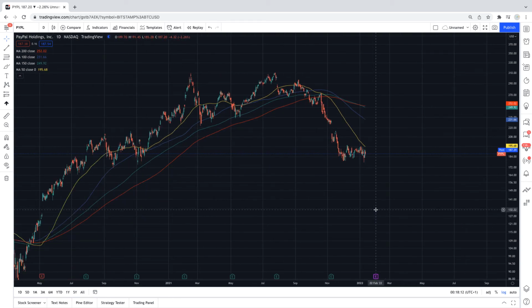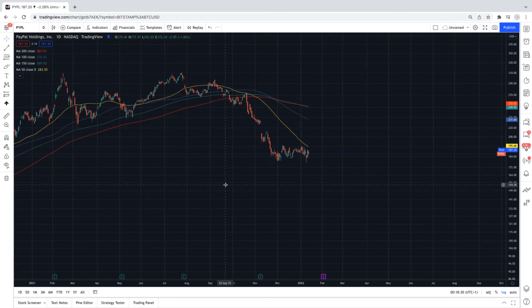So what you're going to look at now is you have a lot of layers of resistance. Pretty much all these moving averages will offer some resistance, even if it's just for a while, here and then here and here.